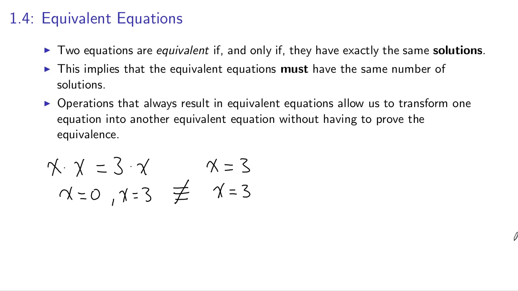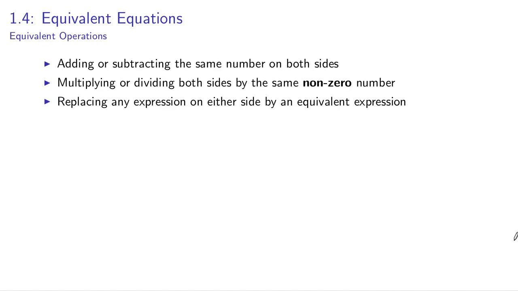So operations that always result in equivalent equations allow us to transform one equation into another equivalent equation without having to prove the equivalence. So which operations can we do to an equation and maintain equivalence?